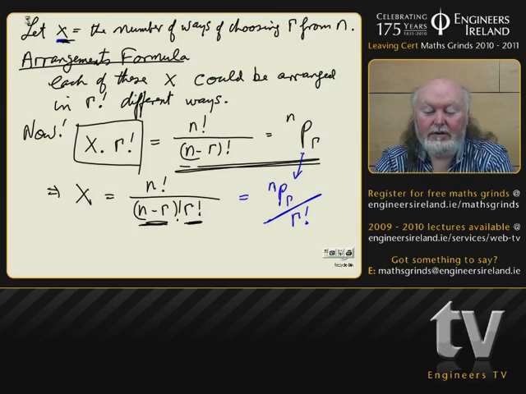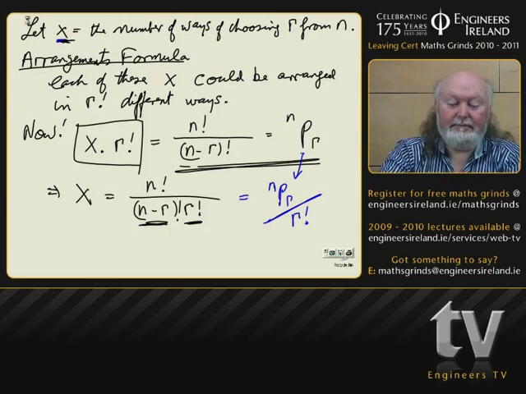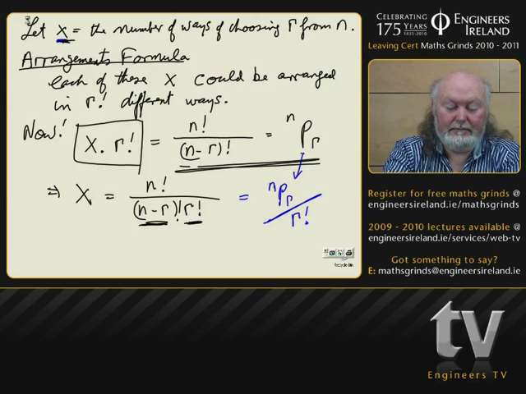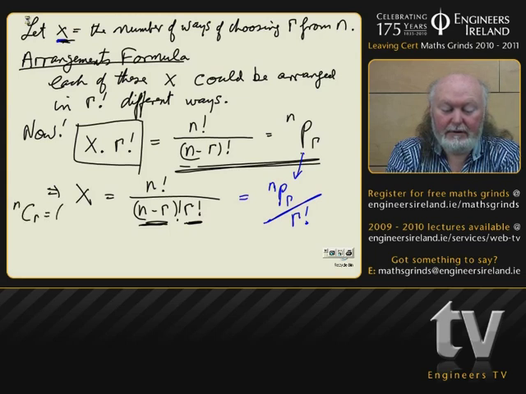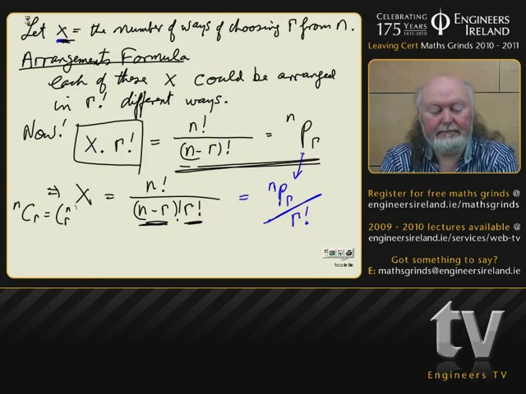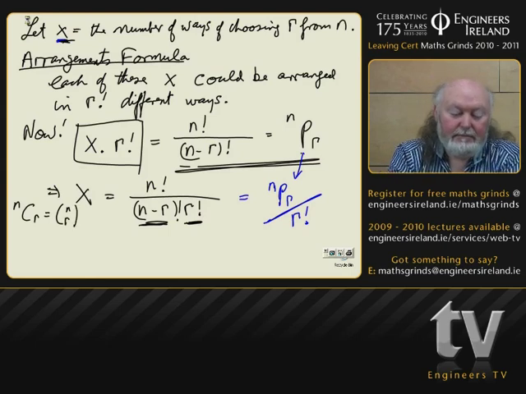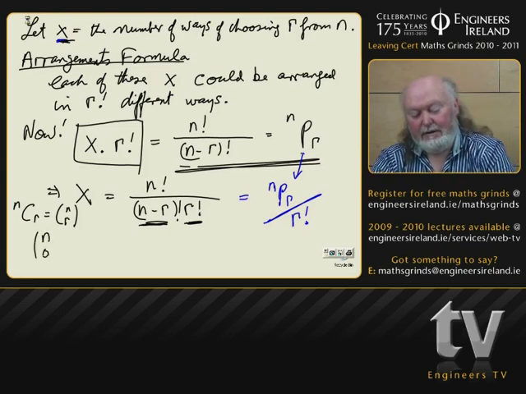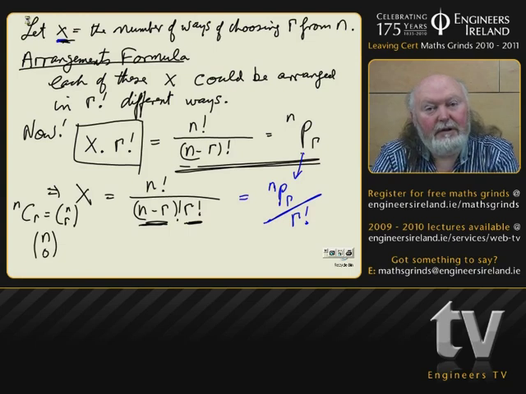There's a few little things you need to understand. This is what we're calling NCR, which is n choose r. Now, there are three you need to understand. N choose 0. What's that saying to us? How many ways is there?